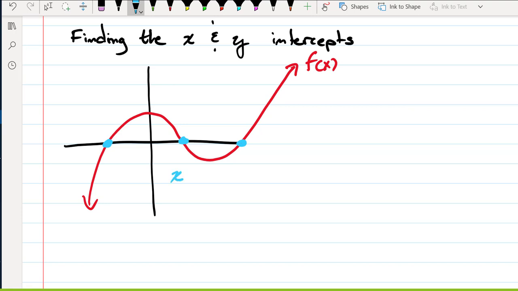So we have our x-intercepts. What do we notice that all three of these have in common? Well, when we are on the horizontal axis, our y value, or the y coordinate, must be 0.